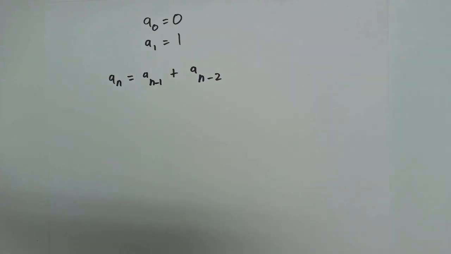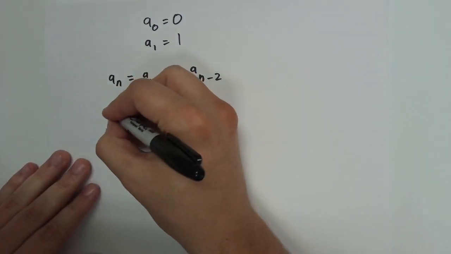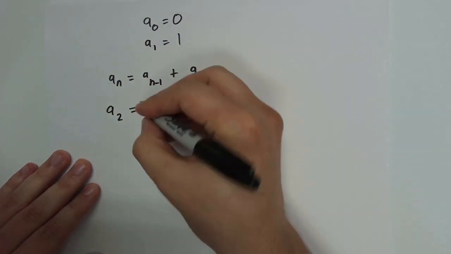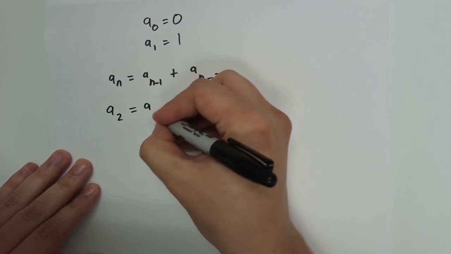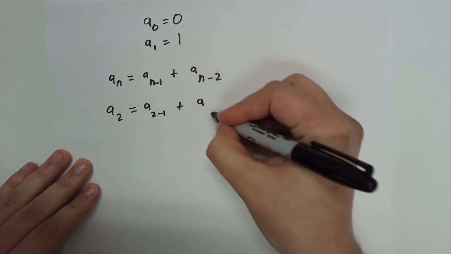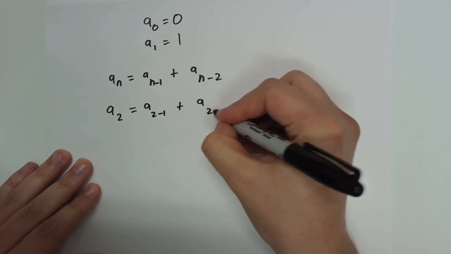Now that we have this recursive formula, how can we find the next element in the sequence? Well, the next element would be a sub 2, which we could find by saying a sub 2 minus 1 plus a sub 2 minus 2.